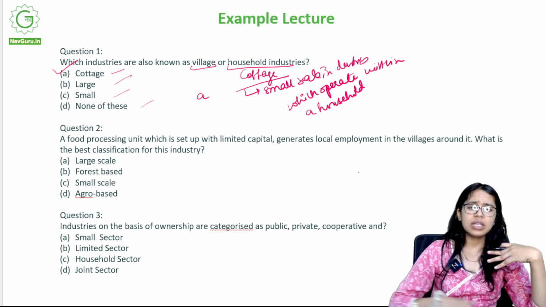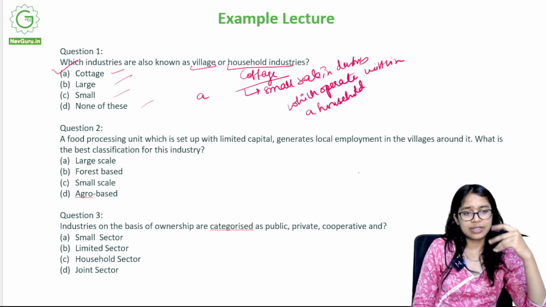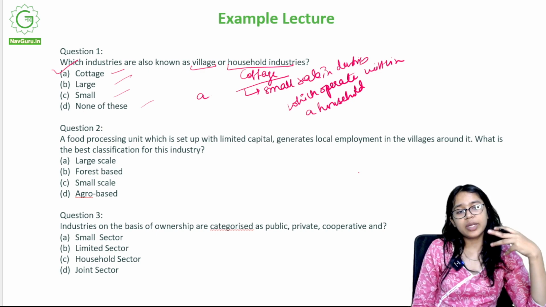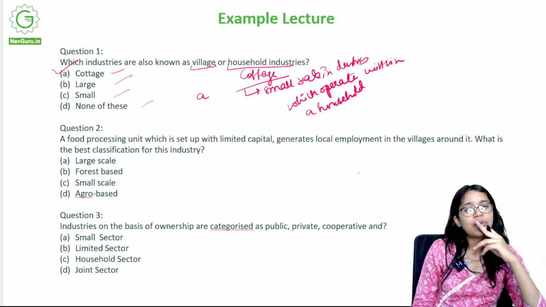They have a small capital, as they are a part of small scale industries, right? So the capital is very limited, and it only employs a very small specific number of people. Examples of cottage industries are candle making, matchmaking, and things like that.